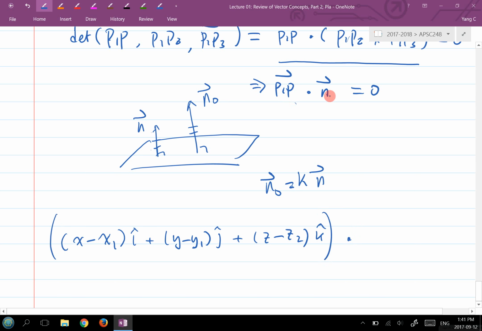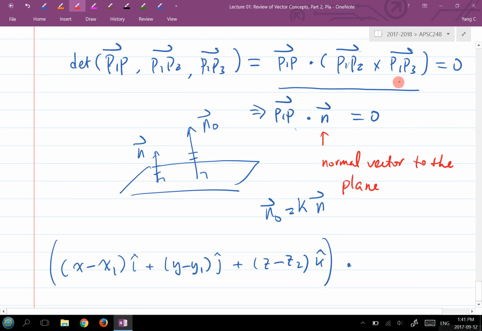The physical meaning of n is that it's a vector perpendicular to the plane, or normal to the plane that you're looking for. So this n will be a normal vector to the plane. Any normal vector. And of course, this cross product will be a candidate.